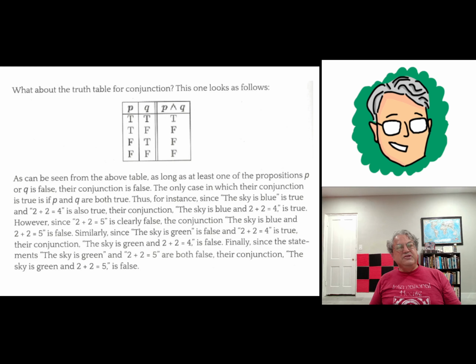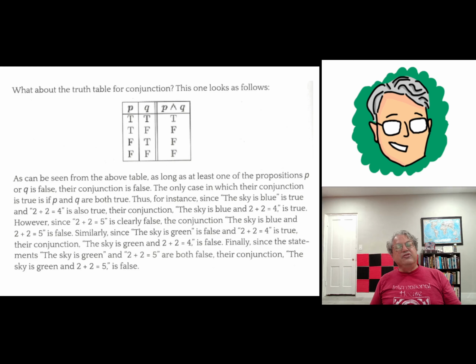If we have two statements that are both true, then their conjunction is also true. That should make sense, because the statement the sky is blue and 2 plus 2 is 4 is true. As long as both parts of the statement are true, the conjunction is true. But if either part is false, then the conjunction's false. For instance, if P is true and Q is false, then P and Q is false. That would be like the sky is blue and 2 plus 2 is not 4. That's false because 2 plus 2 is 4.